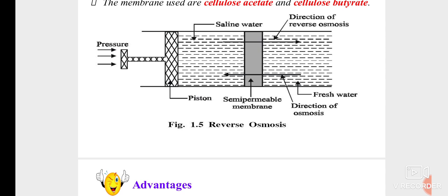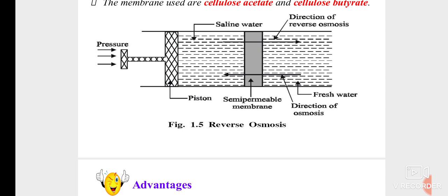The semi-permeable membrane contains some minute holes, and these minute holes act as the absorption process. The membrane absorbs all types of salt content in the sea water. For example, Mg 2 plus, Ca 2 plus, K plus, Na plus, Cl minus, CO3 2 minus, HCO3 minus, SO4 2 minus.